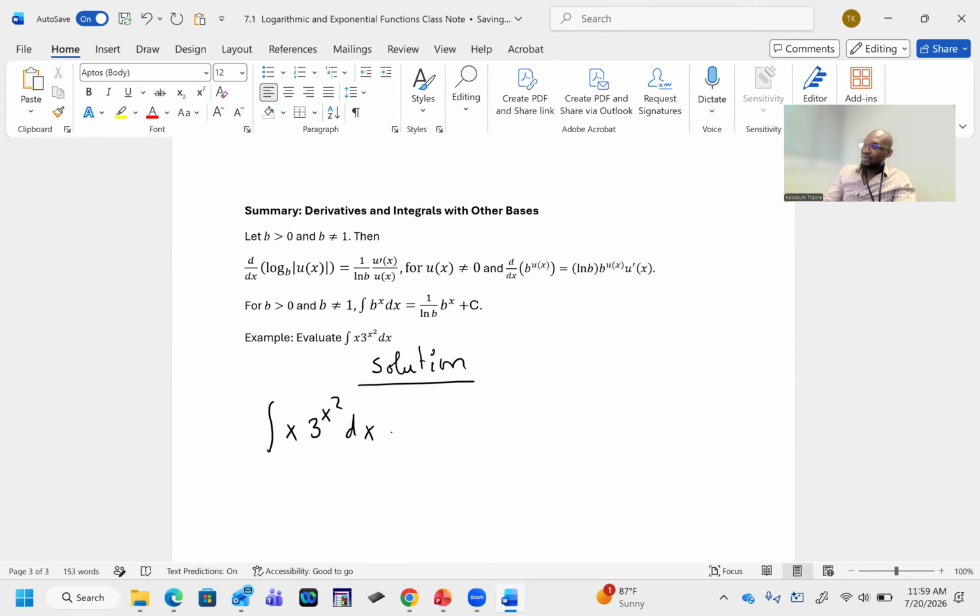But how? I first need to use my substitution because this is x squared, not x. So let u be equal to x squared. Then du will be 2x dx. But we already have x dx, not 2x dx. So 1/2 du will be equal to x dx, right?